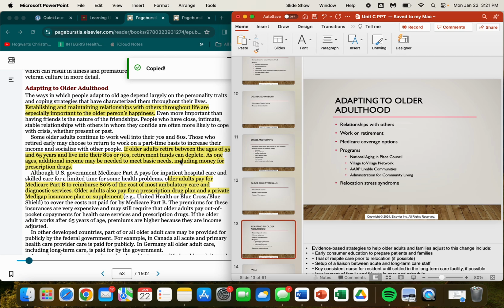Even if they've retired between the ages of 55 and 65, many of those people may not have the retirement funds to sustain their life throughout their 80s or 90s. So one thing we might want to do is encourage part-time work, which is sometimes actually beneficial for patients' well-being.